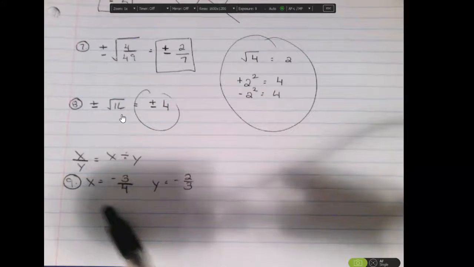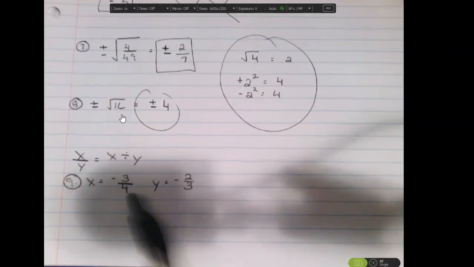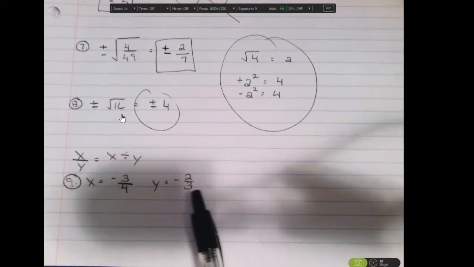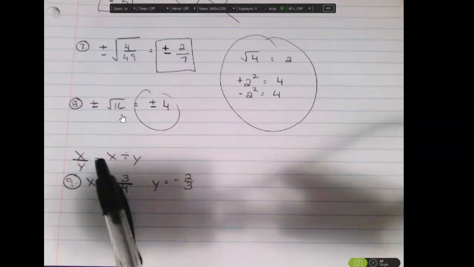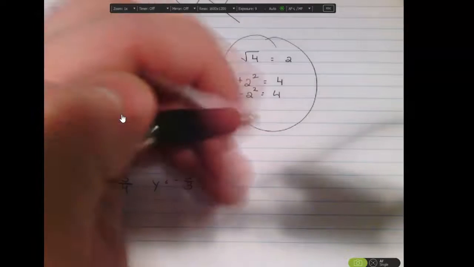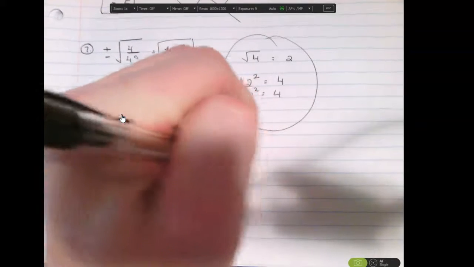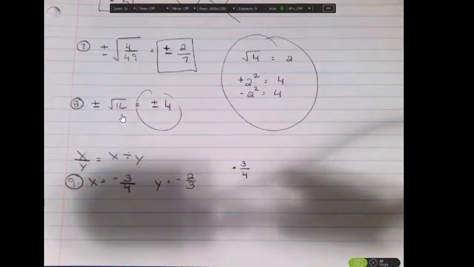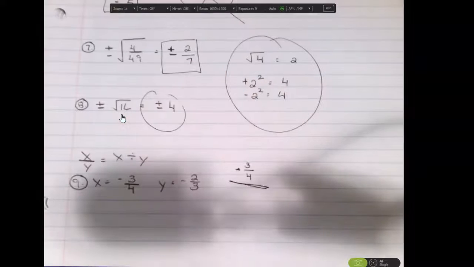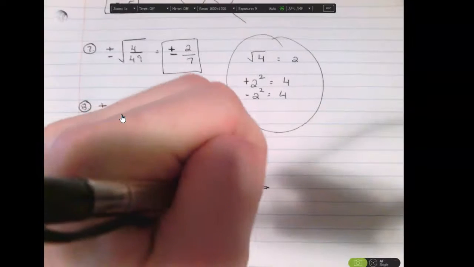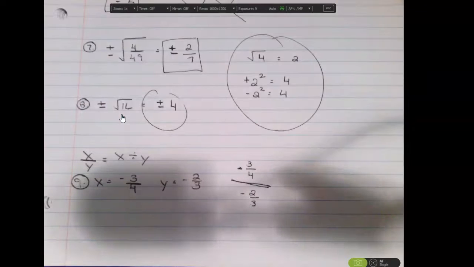If I were to say that x is equal to -3/4, y is equal to -2/3, and I want to show x divided by y, what this problem is really asking is if you took the first fraction as your numerator and you took the second fraction as your denominator. And then from there, I just want to solve them.